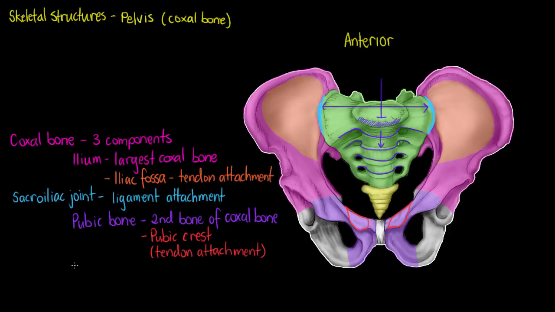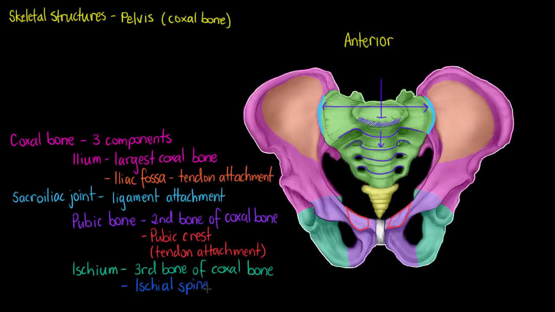And the final piece of our coxal bone that we're going to find interacting with our ilium and pubic bone is the ischium. I've highlighted the ischium here in this teal kind of color. So it's the third bone that makes up our coxal bone. And the unique feature that we're going to find on the ischium is called the ischial spine.